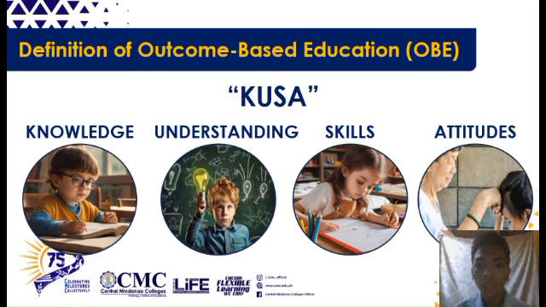So, yung KUSA or knowledge, understanding, skills, and attitudes is kailangan ma-acquire ng mga students para magkaroon sila ng full potential at saka maging mabuting individual sila sa loob ng community, sa loob or labas ng community natin. Dapat nila ma-achieve or ma-acquire yung apat na yan. Again, KUSA stands for knowledge, understanding, skills, and attitudes.